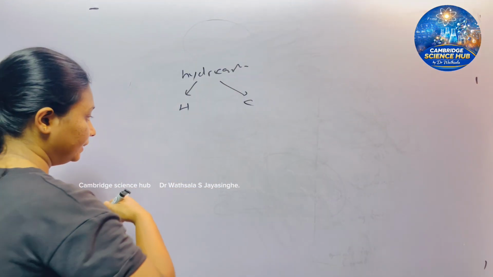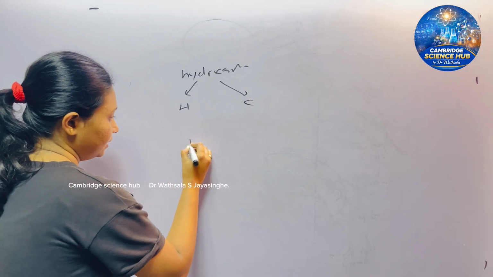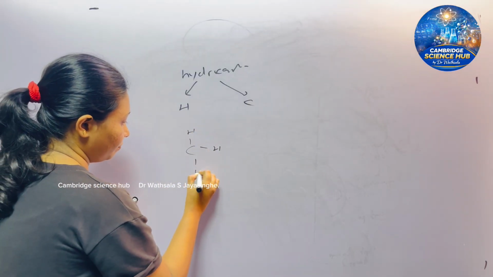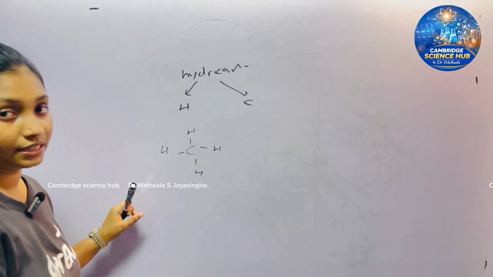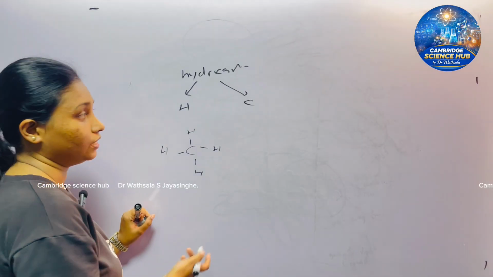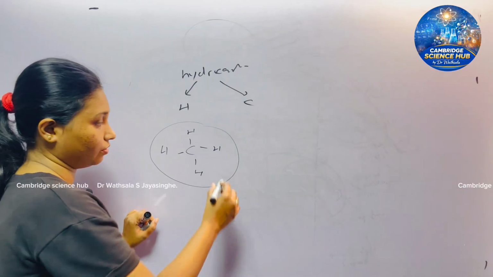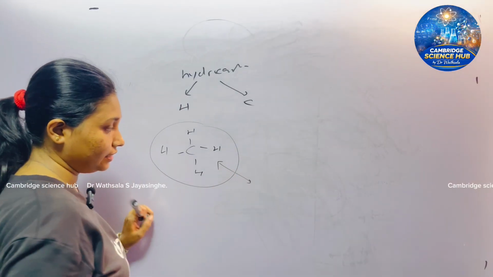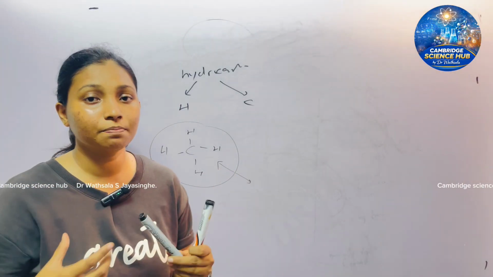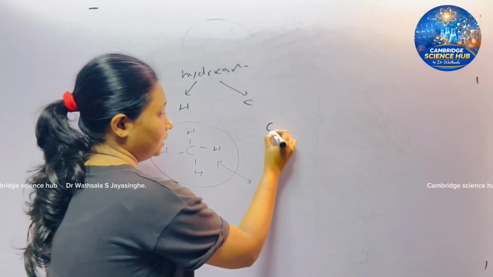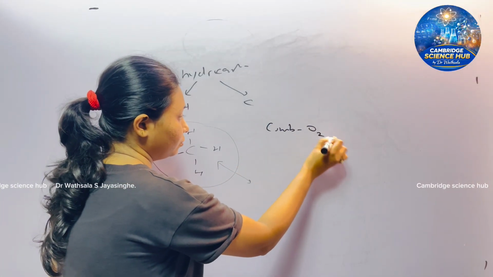There we studied methane. Methane is CH4. So now you can understand the simplest hydrocarbon is methane. When this is burnt, combustion means burning with oxygen.